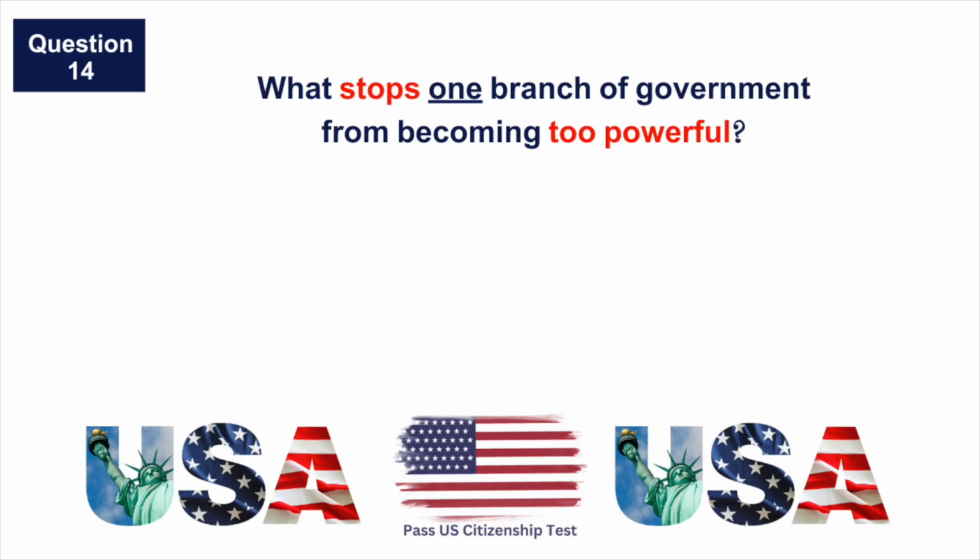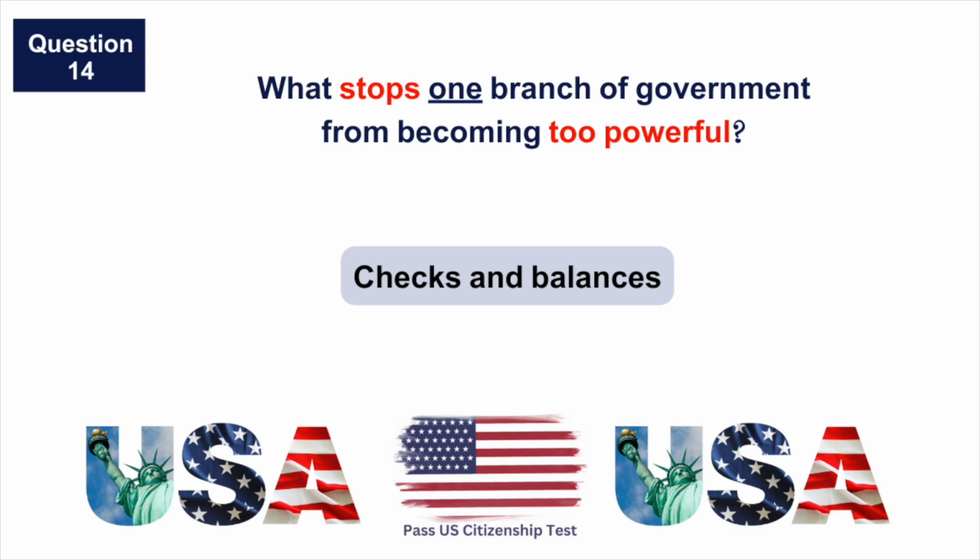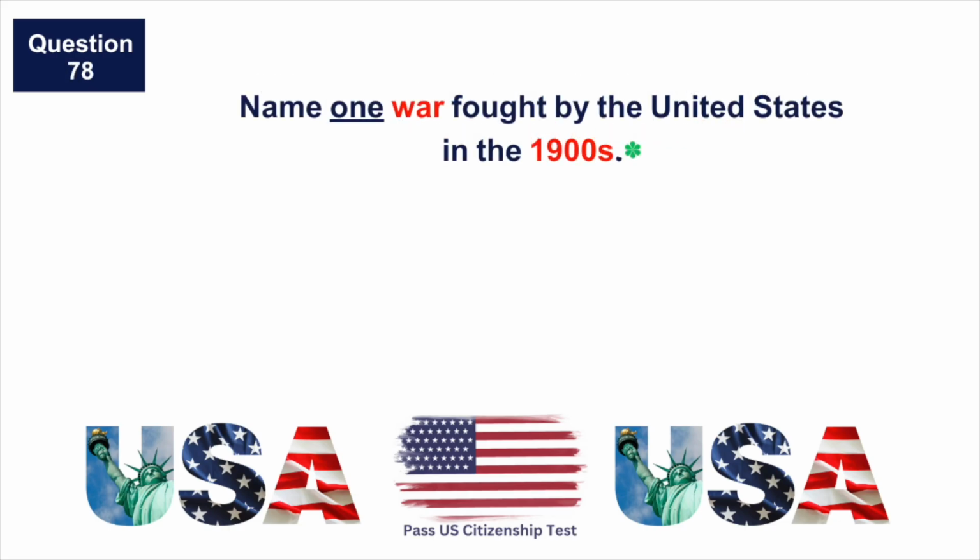What stops one branch of government from becoming too powerful? Checks and balances. Name one war fought by the United States in the 1900s.